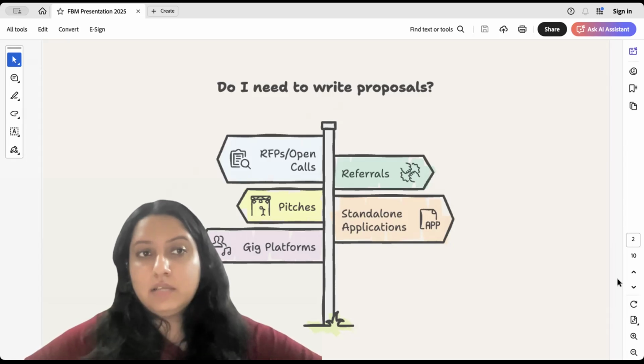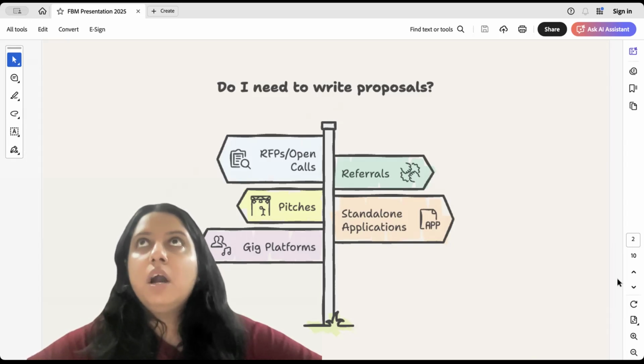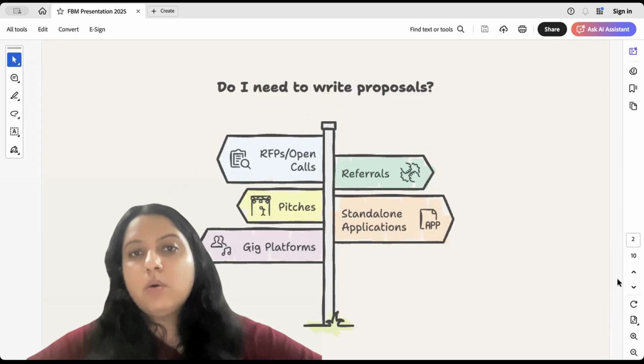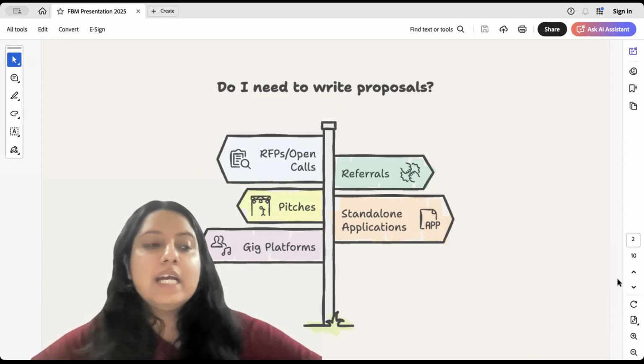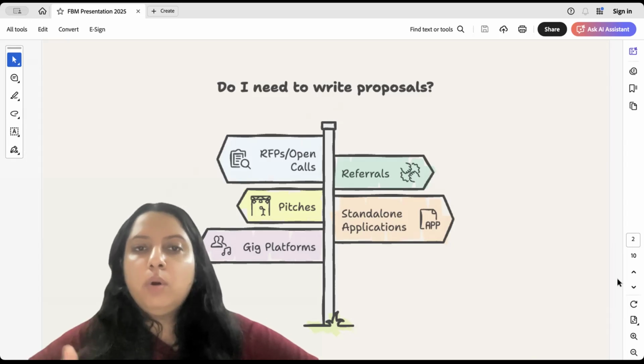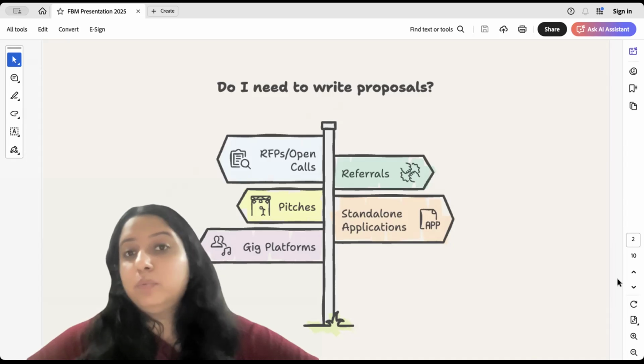And the reason I am walking you through these things is because I think RFPs, request for proposals, or sometimes these are also called EOIs, which is expression of interests, are a lot of formal avenues through which freelancers can find work.